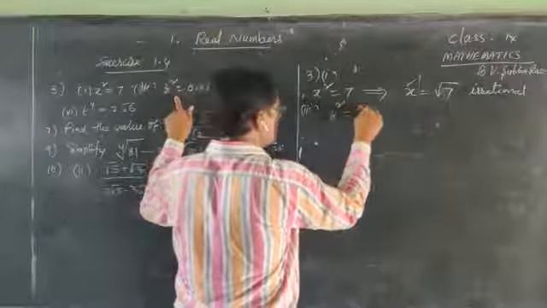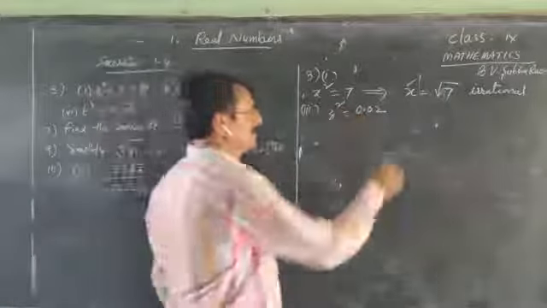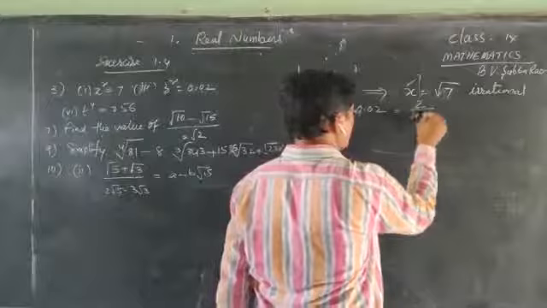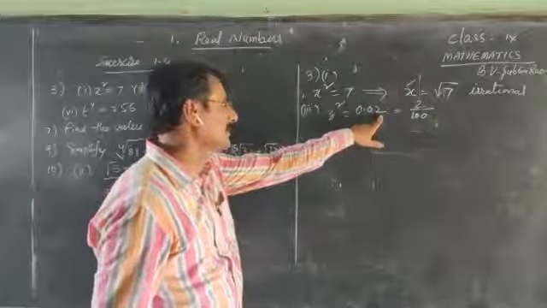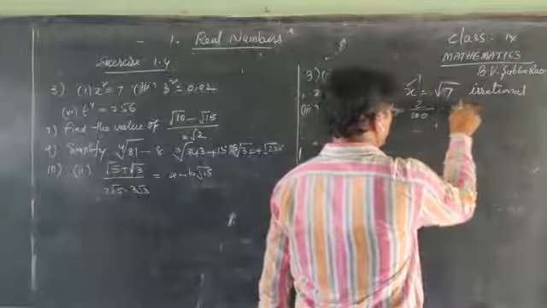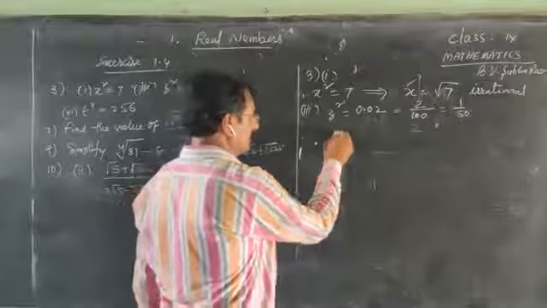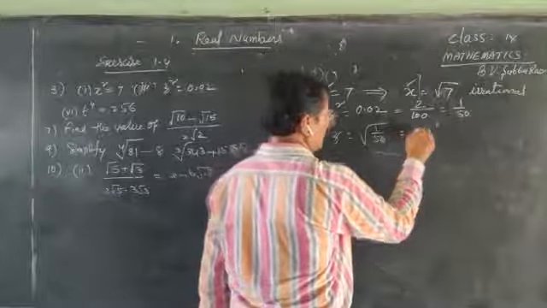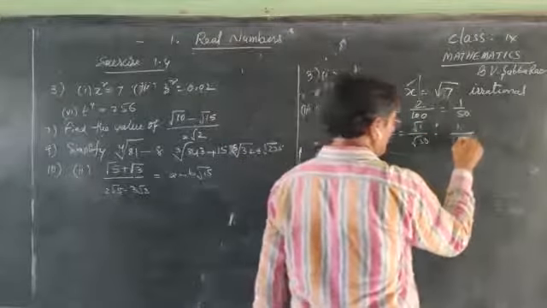y equal to 0.02 is a decimal number. So to change into fractional form, we can write like this: 2 by 100, because there are 2 digits after the decimal point. To remove the point, we must multiply with 100. This is 1 by 50. Square root of 1 by 50 equals root 1 by root 50, equals 1 by root 50.